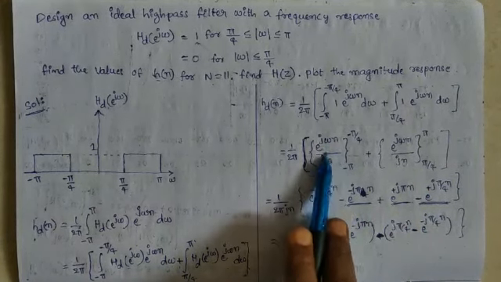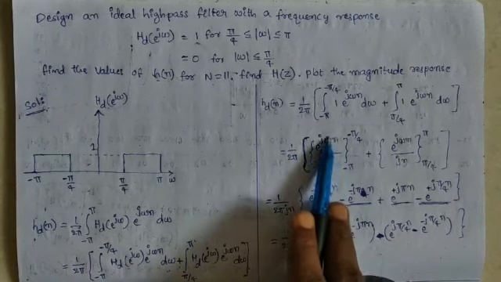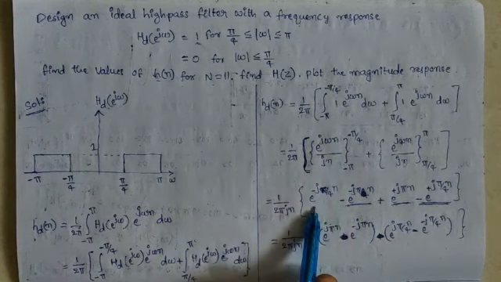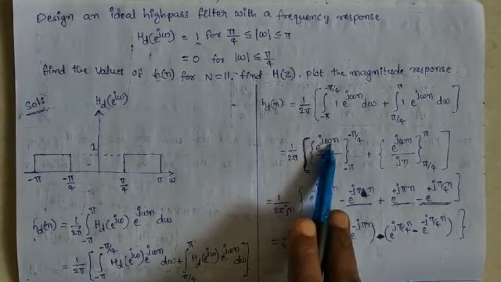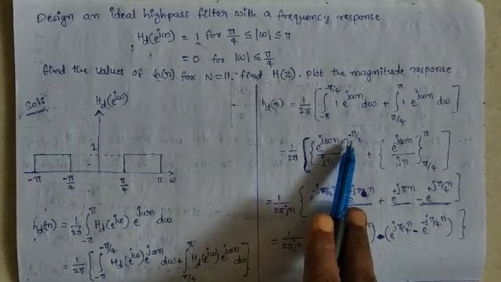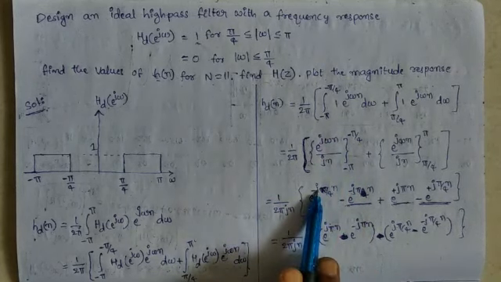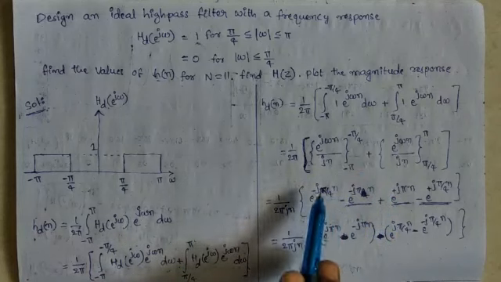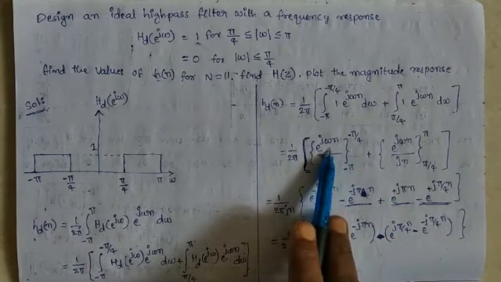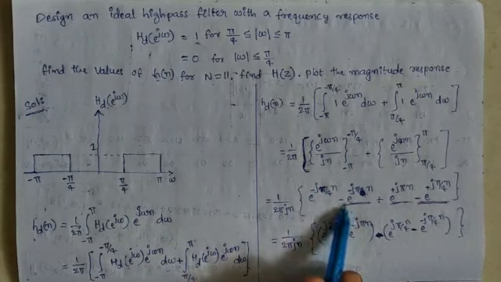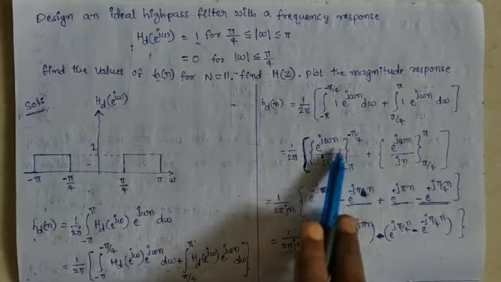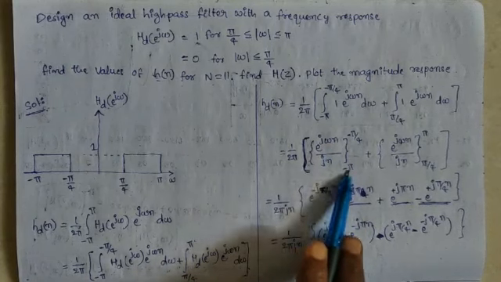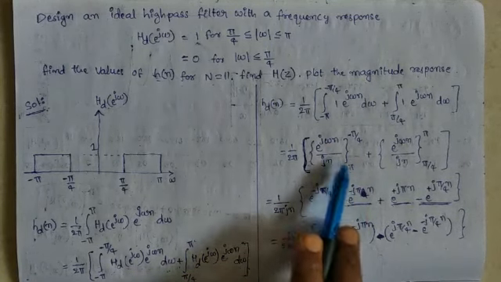Here we are substituting the limits. First we apply the upper limit, then minus the lower limit. In place of omega we write minus pi by 4: e power minus j pi by 4 n, minus the lower limit e power minus j pi n.